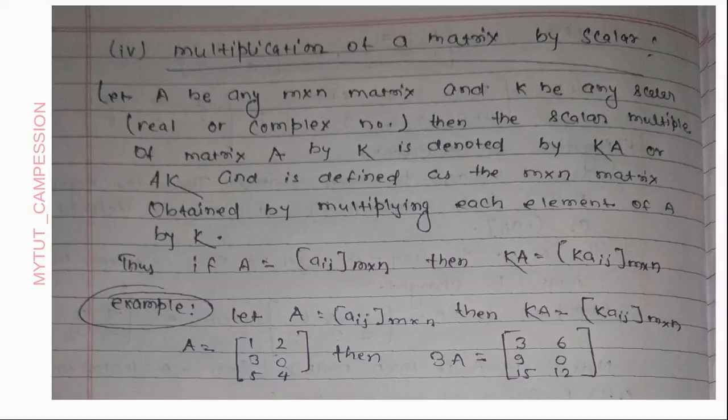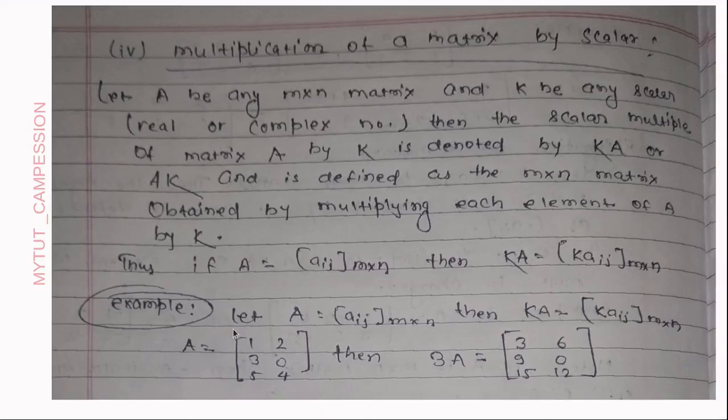That means when a matrix A is M cross N, and K is any scalar, that is any constant or complex number, then the scalar multiplication of matrix A by K is denoted by KA, or AK, and it is defined as the M cross N matrix obtained by multiplying each element of A by K. When we multiply by a scalar, we multiply each element of matrix A by K. Thus if A equals [aij] M cross N, then KA equals [kaij] M cross N.